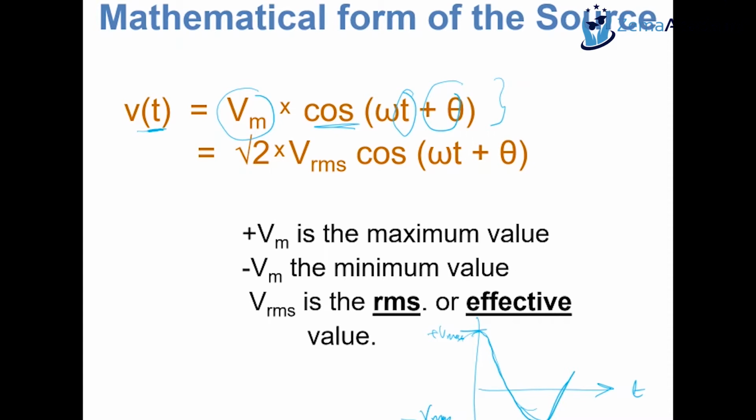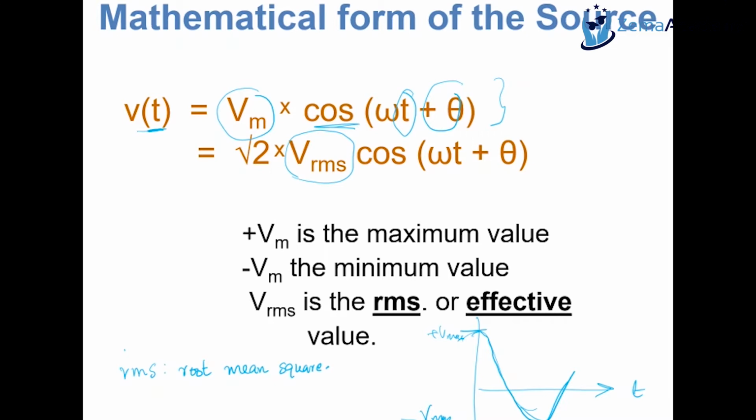And then there is also what is called the VRMS. So RMS is root mean square. You probably know about it. Are you familiar with this? So how is an RMS value calculated?